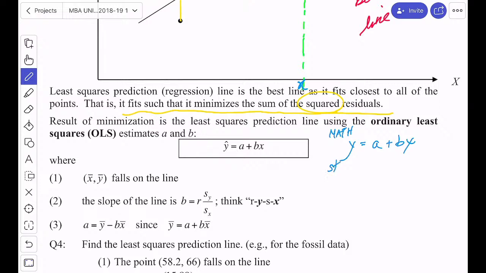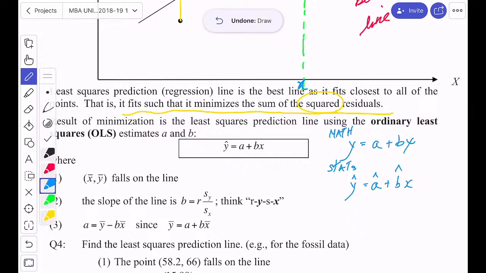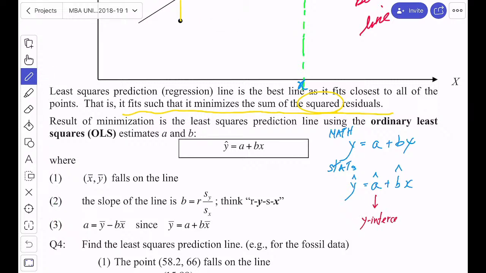In statistics, y is just a prediction. In fact, the a is just a prediction and the b is just a prediction. These are all predicted values. This one is called the intercept, and this one is called the slope.